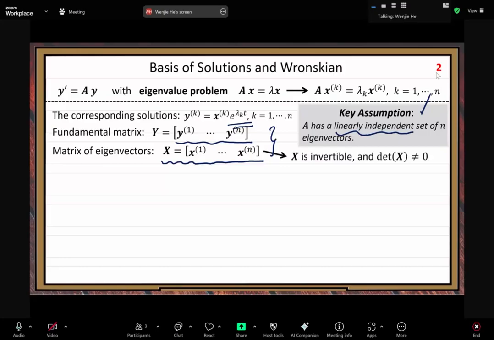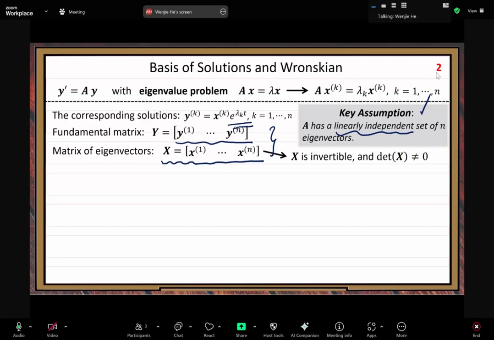X is invertible. Can you explain why X is invertible? Let's review a little linear algebra. Because all these n vectors are linearly independent, when you put linearly independent vectors together in a square matrix, it must be invertible. That's a basic result from linear algebra.